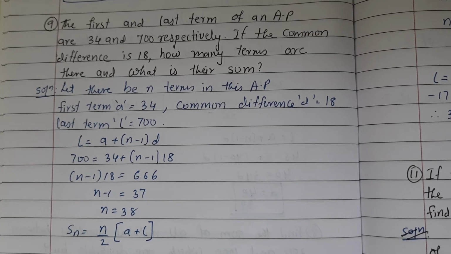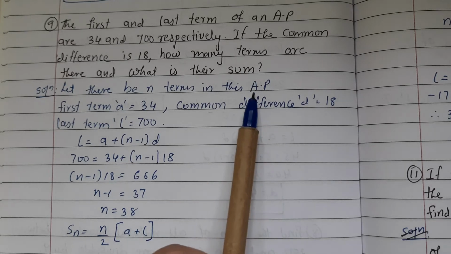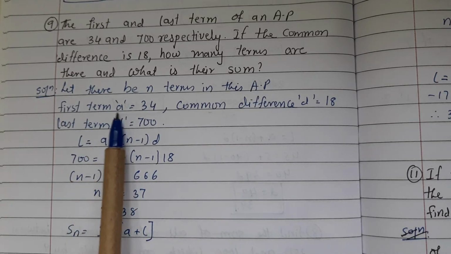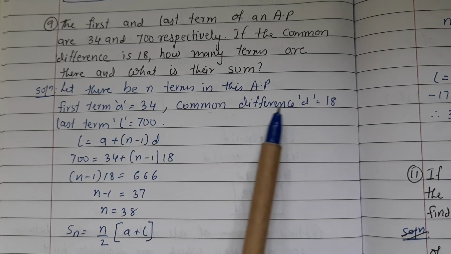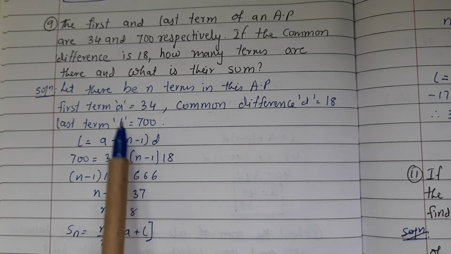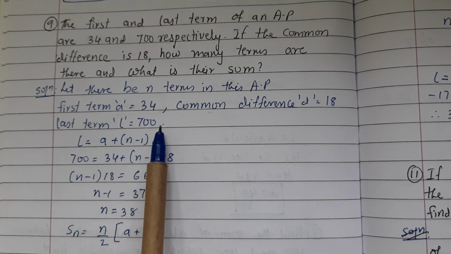Sum number 9. The first and the last term of an AP are 34 and 700 respectively. If the common difference is 18, how many terms are there and what is their sum? Let there be n terms in the AP. First term A equal to 34, common difference D equal to 18, last term L equal to 700.